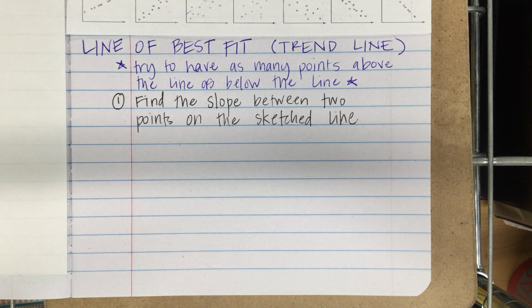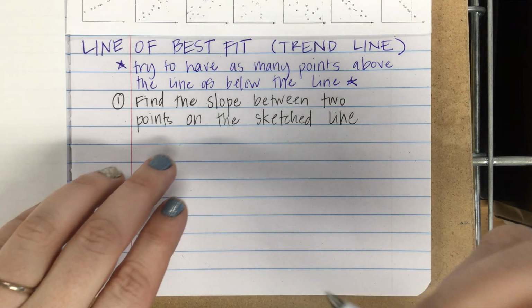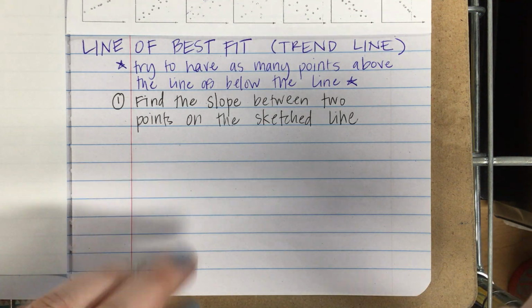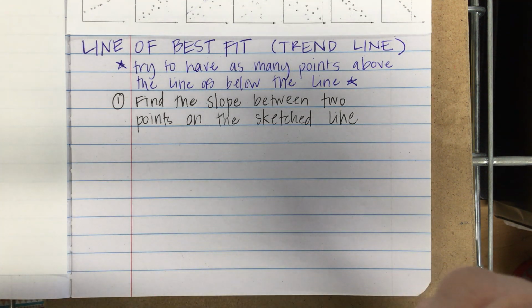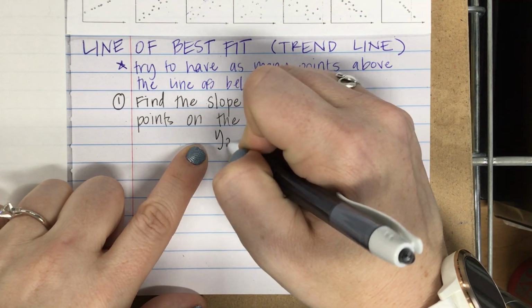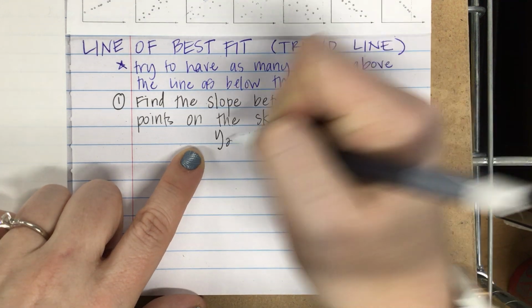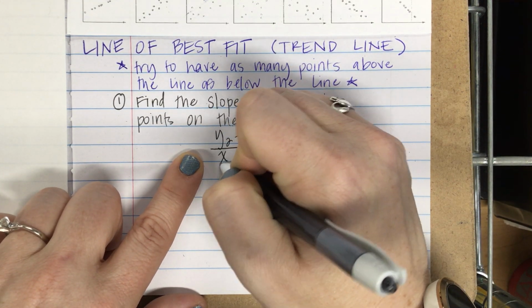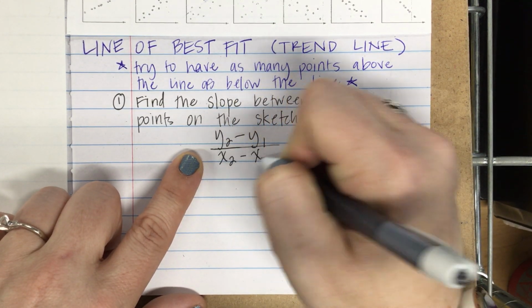How do you find the slope between 2 points? What's the formula for slope between 2 points, Donovan? X2 minus X1 over Y2 minus whatever. Perfect, but flip it. Rise over run, which is Y2 minus Y1 over X2 minus X1.